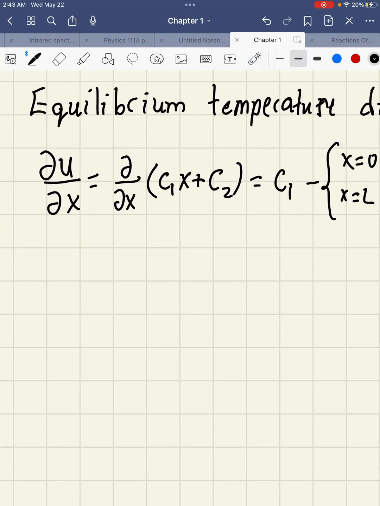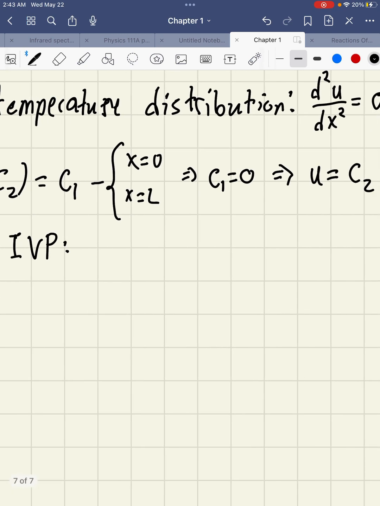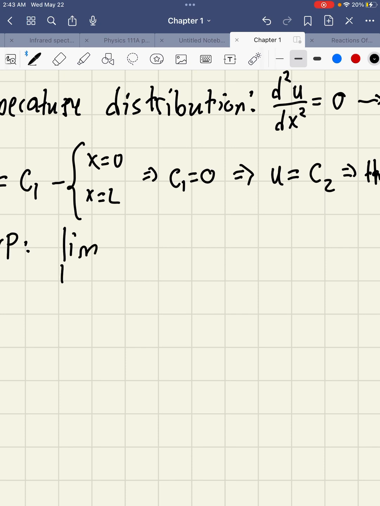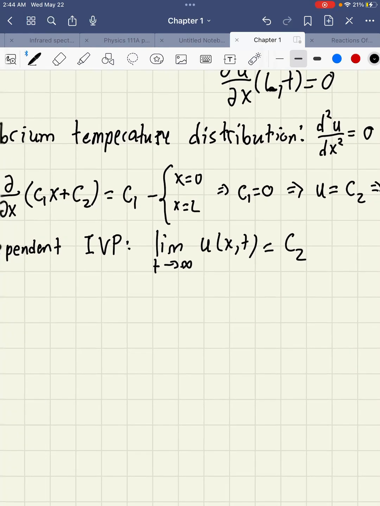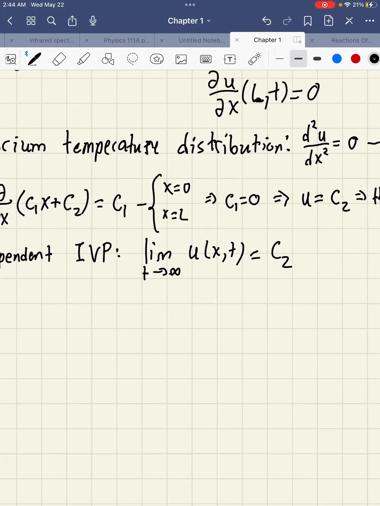So for the time-dependent initial value problem, we expect that as t approaches infinity, my temperature becomes c2.